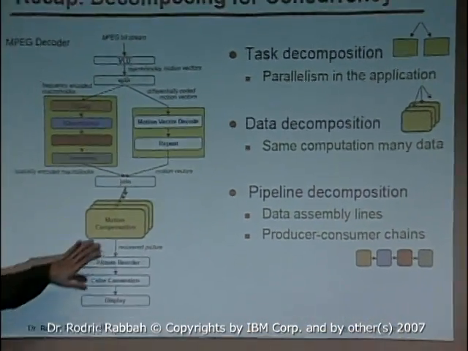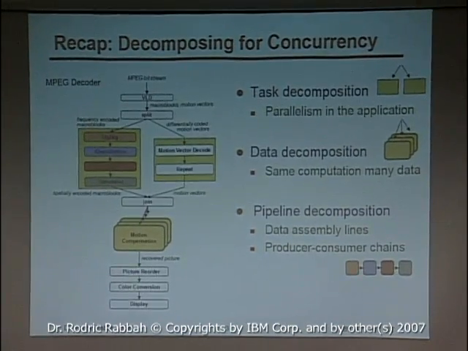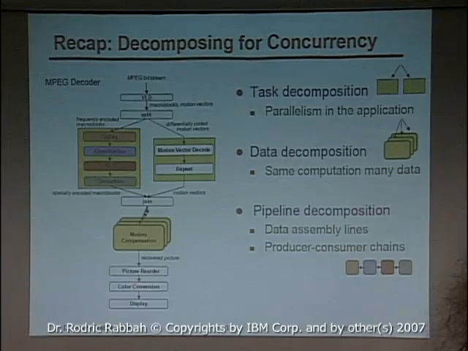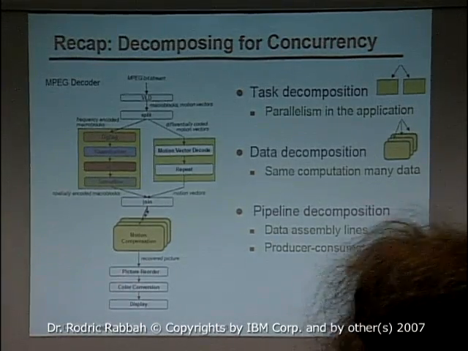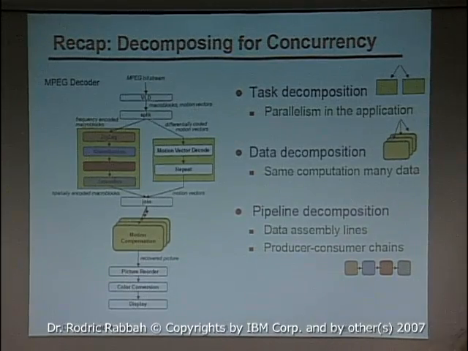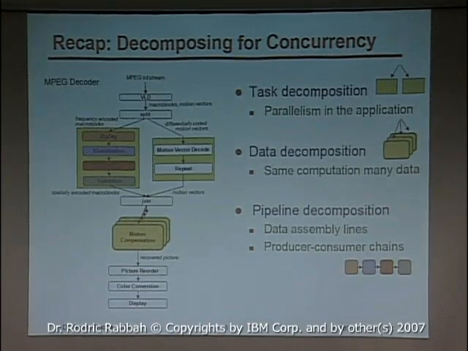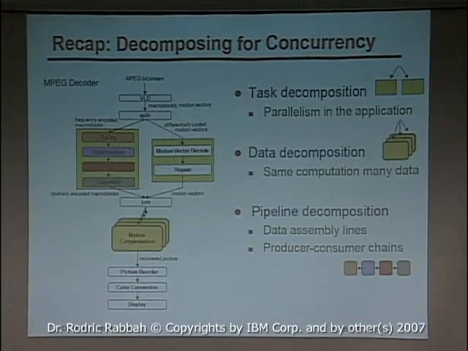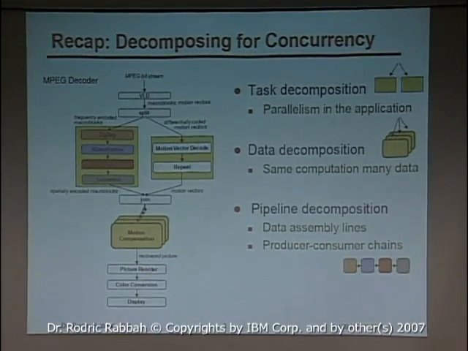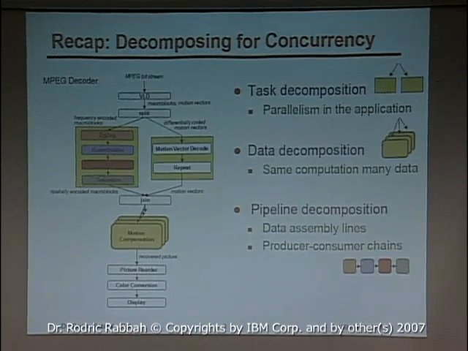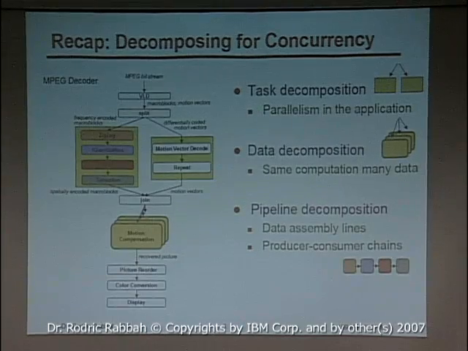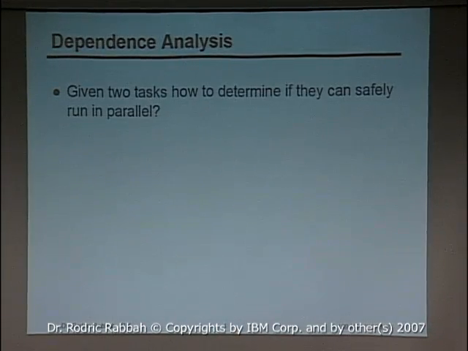In the motion compensation phase, that's one example where you can replicate the function and split up the data stream in different ways and have these tasks proceed in parallel. And then we talked a little bit about making a case for pipeline decomposition. So you have data assembly line or producer-consumer chains, and you want to recognize those in your computation so that you can exploit them eventually when you're doing your mapping down to actual hardware.